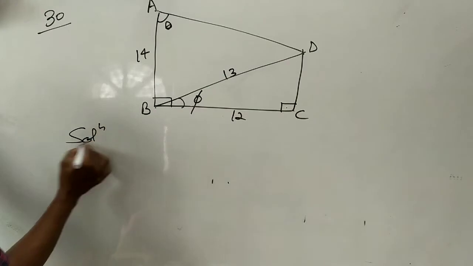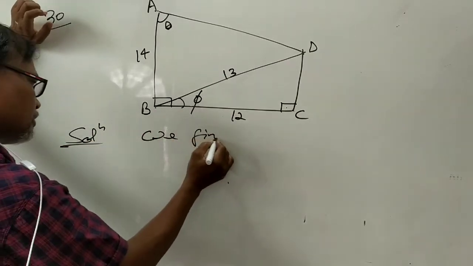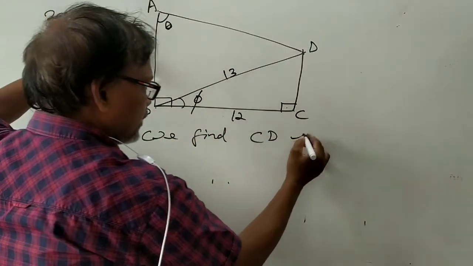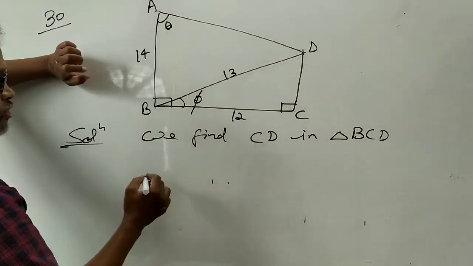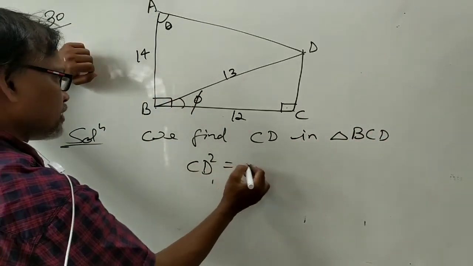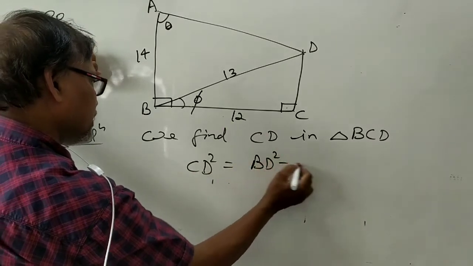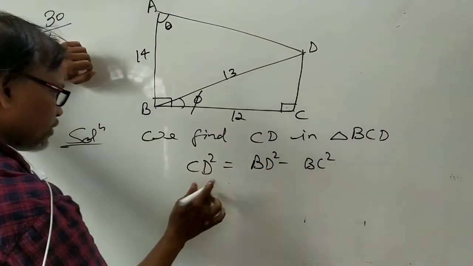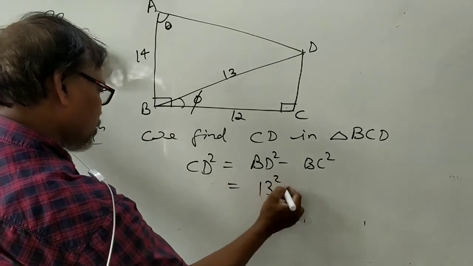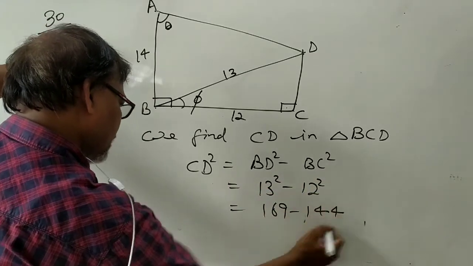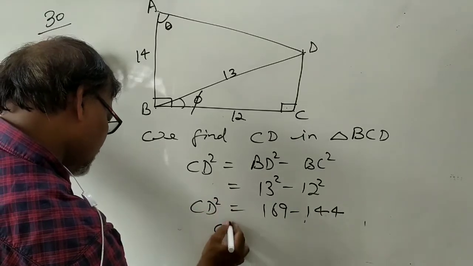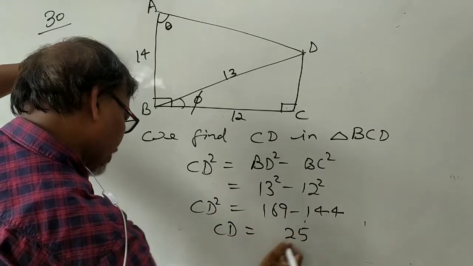Solution: we find CD in triangle BCD using Pythagoras theorem. So CD square is equal to BD square minus BC square. So it will be 13 square minus 12 square, means 169 minus 144, and then CD square is equal to 25.